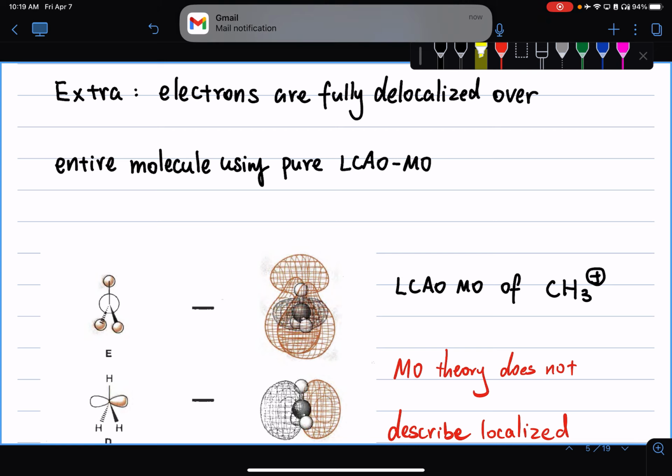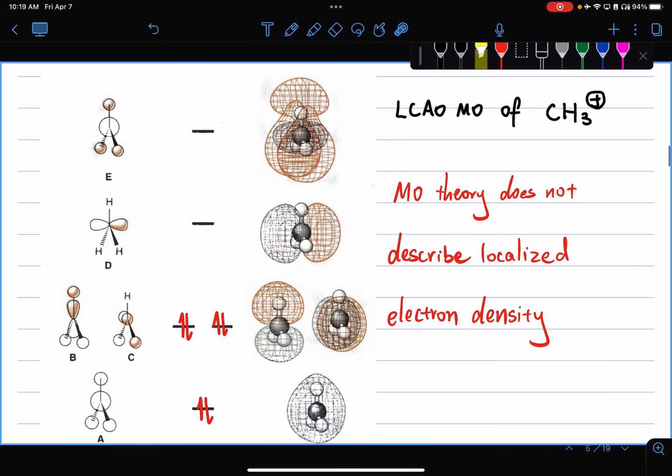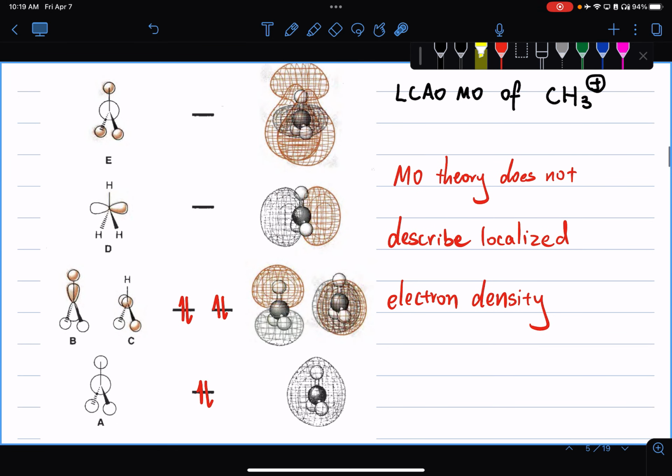This is not on the test, but I just want to show you why people do not use LCAO-MO to describe sigma bonds. What I'm showing here is the CH3 cation. It is a carbocation, meaning we have a positive charge located on the carbon.